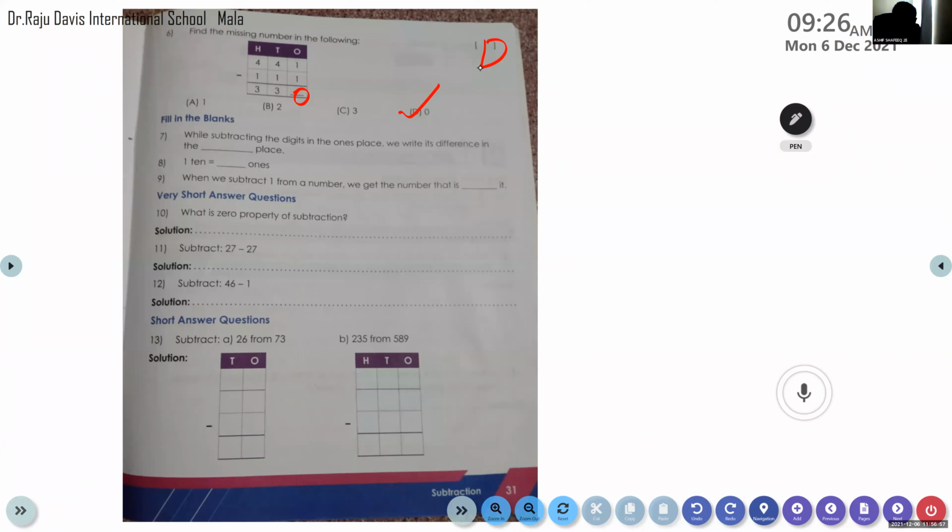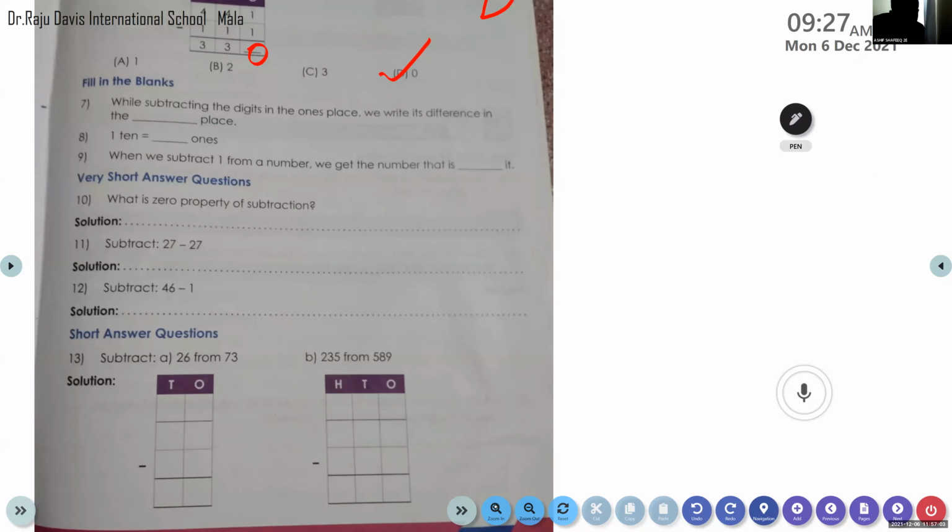Can you see this? Is it visible to you? No, I cannot see the question. Question number 7. Okay, then I will call.